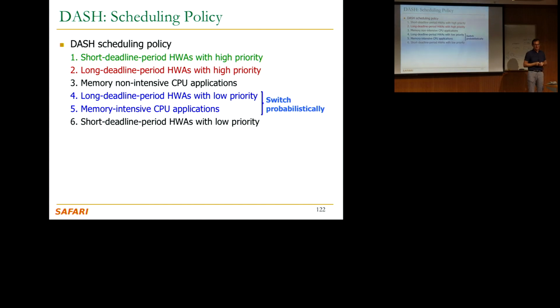Why is short low priority less prioritized than long low priority? Yeah, the reason is basically we schedule these requests based on worst case estimates. Worst case meaning it's really worst case. You're really going to experience the worst case delays that are ever possible.